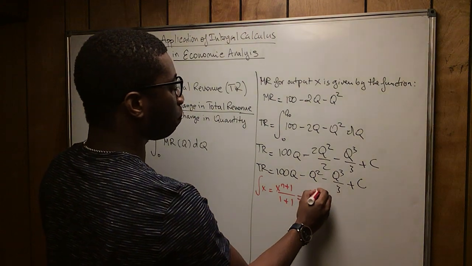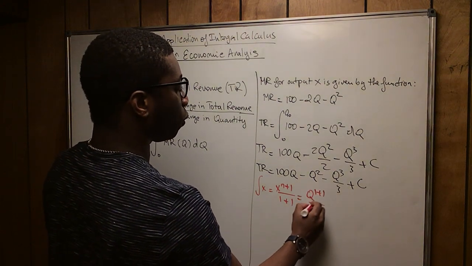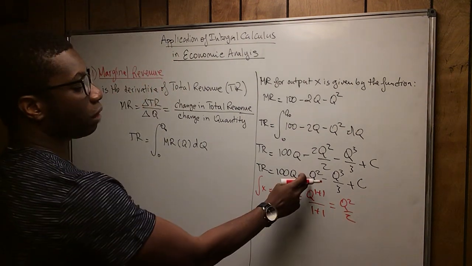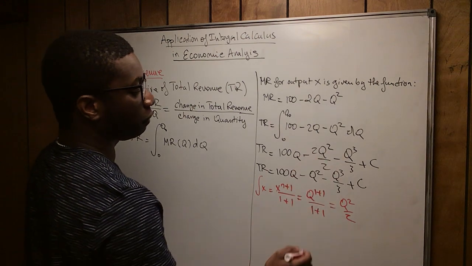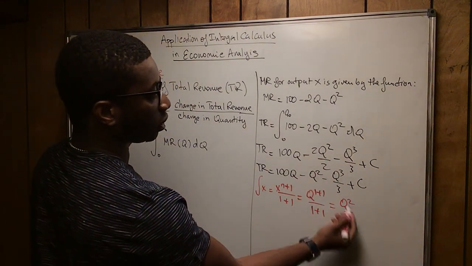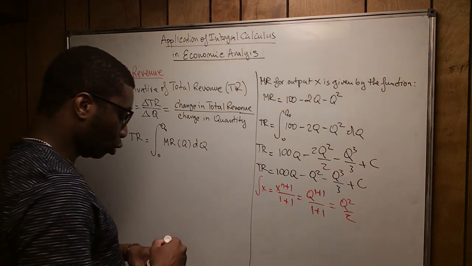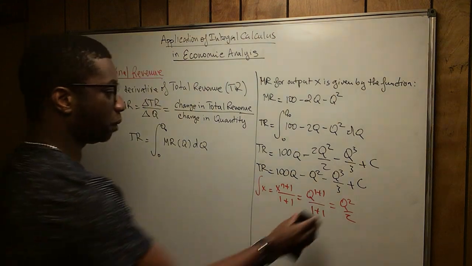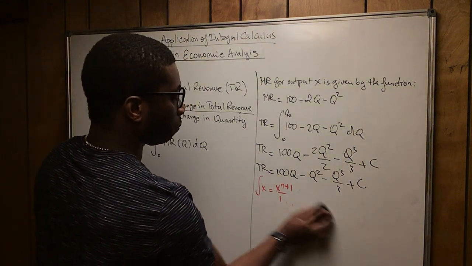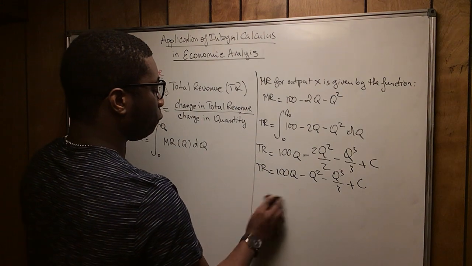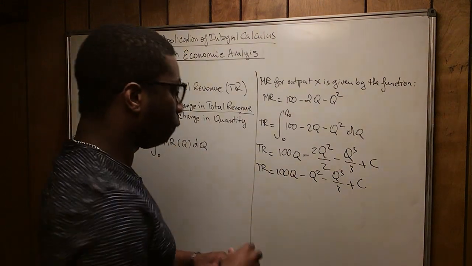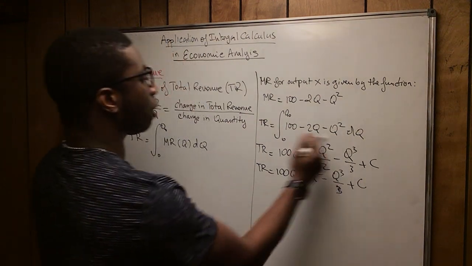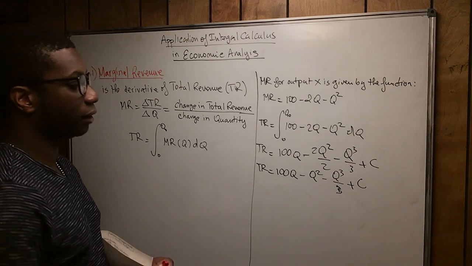So Q power 1 plus 1 over 1 plus 1. It's going to give you 2Q over 2. The reason why we have 2Q is because we have a 2, so we simply simplified, but originally it is this. The same goes for Q cubed over 3. This is a brief revision, but that's how you do it. So if we ask you to calculate the function of total revenue, you simply apply this.